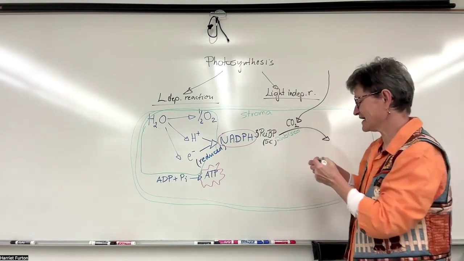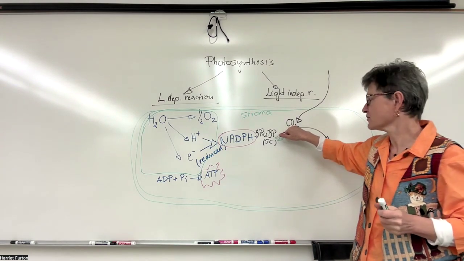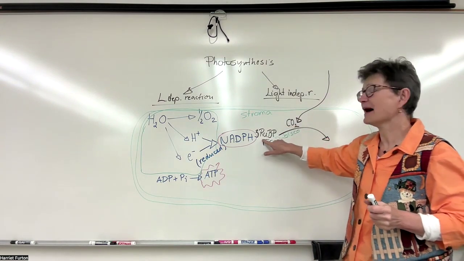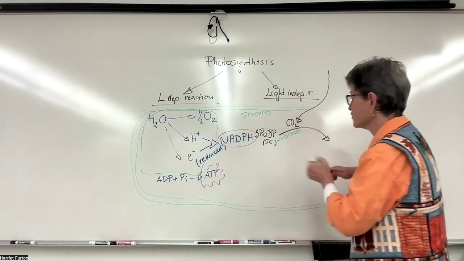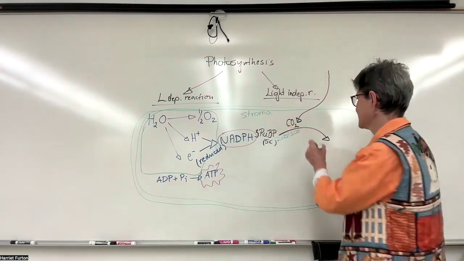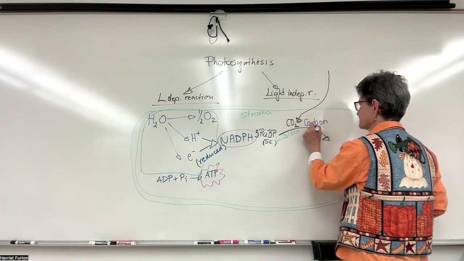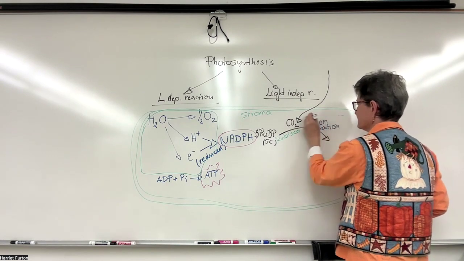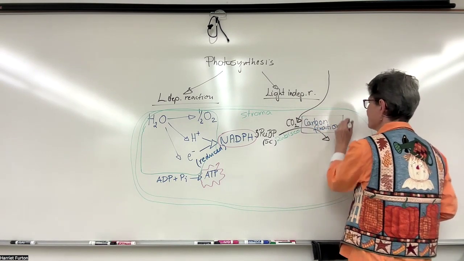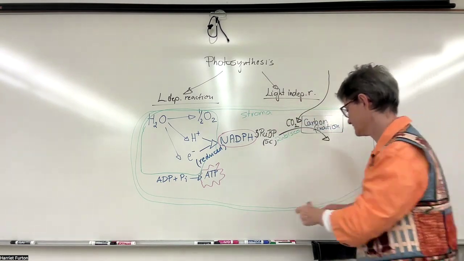This facilitates as the inorganic carbon in the form of carbon dioxide binds with an organic molecule. This is called the carbon fixation. This is the carbon fixation, step 1 in the light-independent reaction.